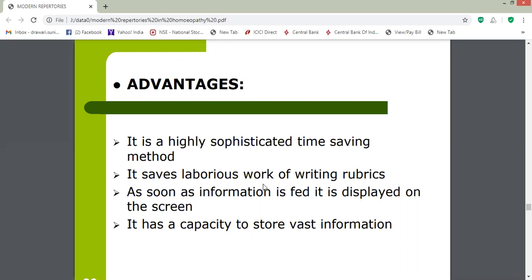As I told, no one can remember all the data from all materia medicas as well as repertories. No homeopath can store and recall all data of every medicine in our materia medica, so that is why the repertory was born.